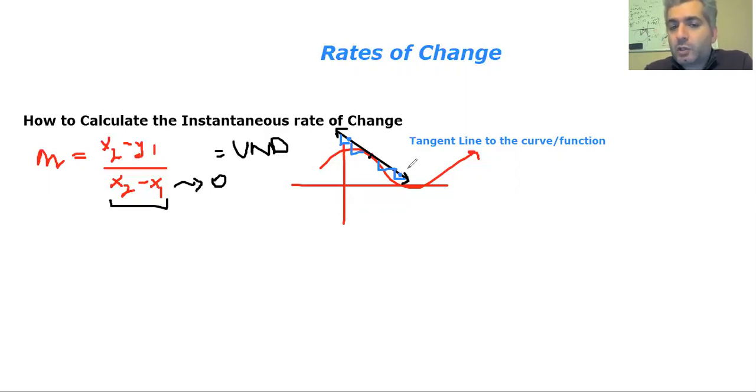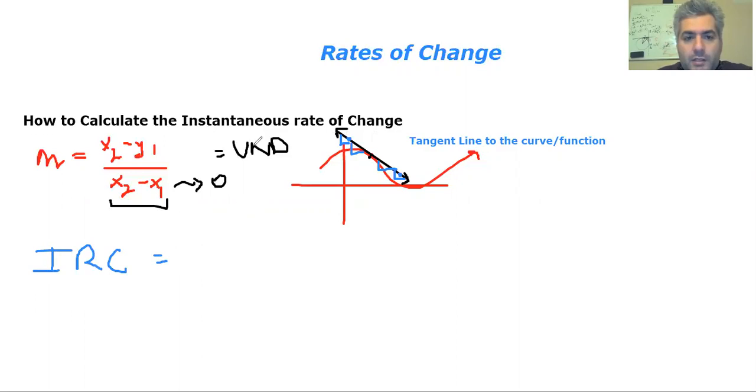If you take the slope across those 2 points along that line, that would give you a good approximation of the slope of the tangent, which would give you the instantaneous rate of change. We call this the IRC, an acronym. IRC is the instantaneous rate of change.